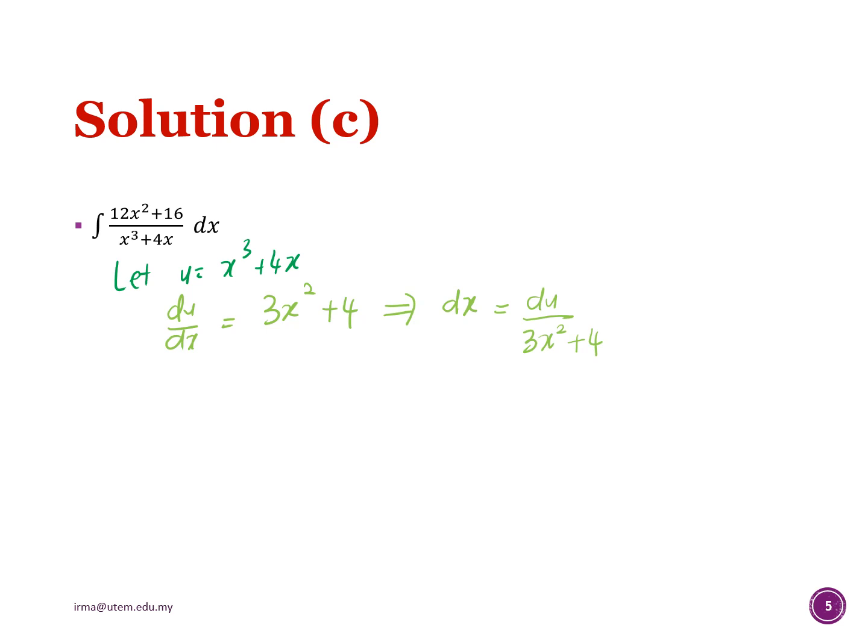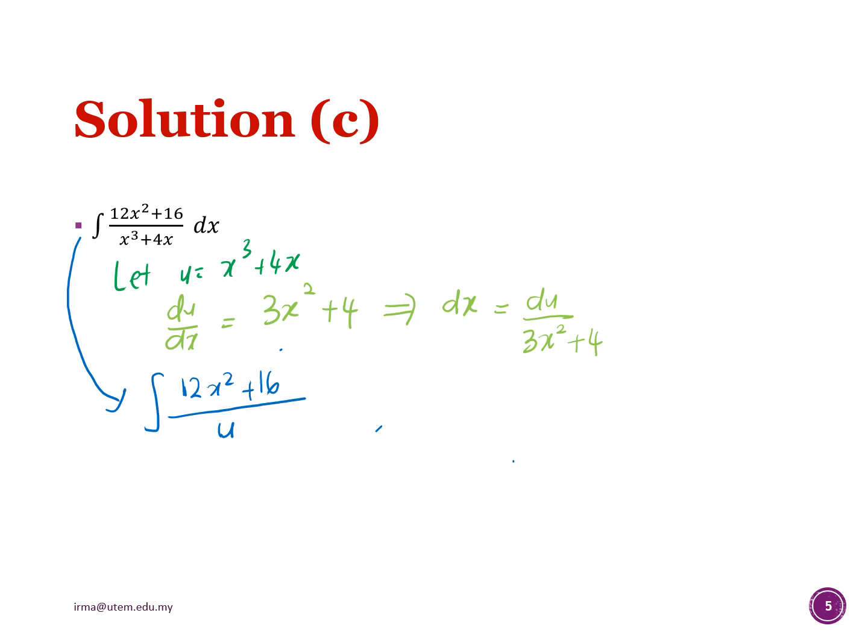So we have all the substitutions, u and du/dx. So we substitute all the functions into the original equation. 12x squared plus 16, we will just maintain as that. x cubed plus 4x, we have replaced with u just now.